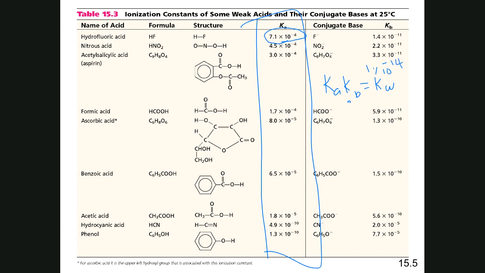Kw, or concentration of H plus and hydroxide ion for pure water, is a constant number at room temperature. So you need to know this number. If you know Kw and you are given Ka, you can calculate Kb for the conjugate base. So Ka for an acid times the Kb for the conjugate base equals Kw.